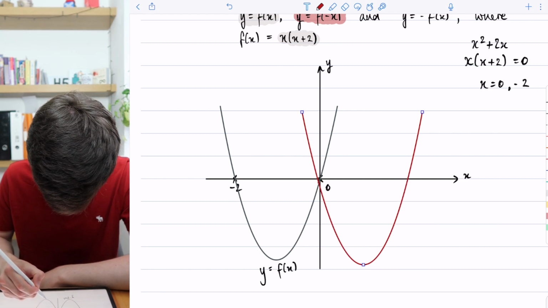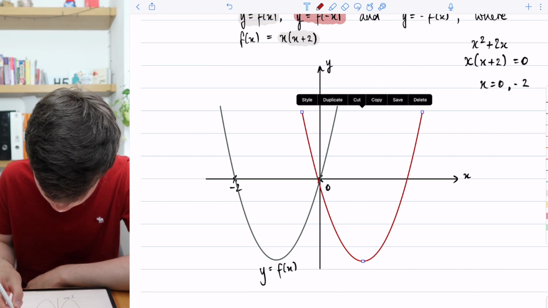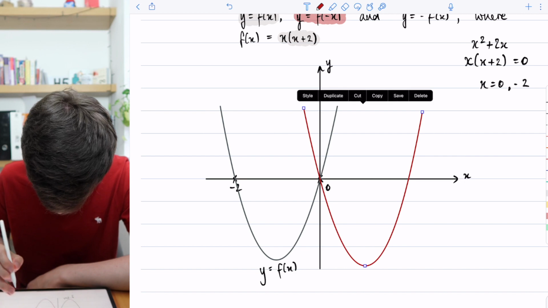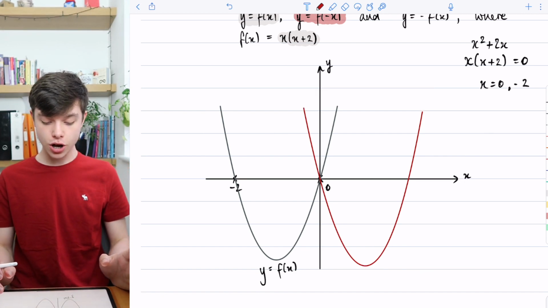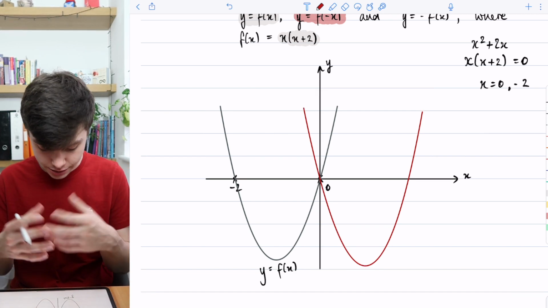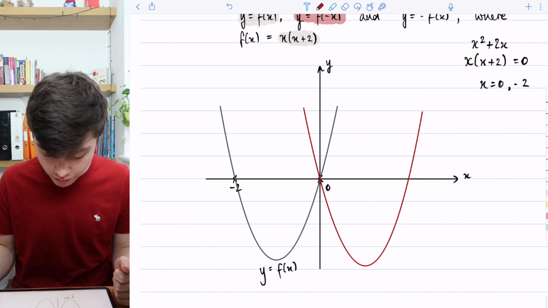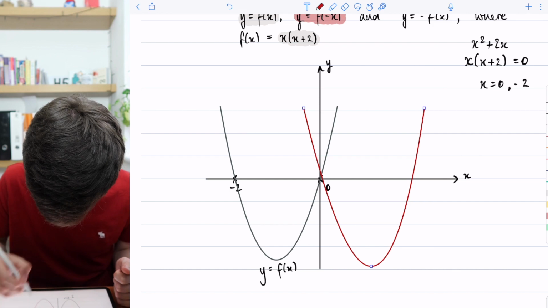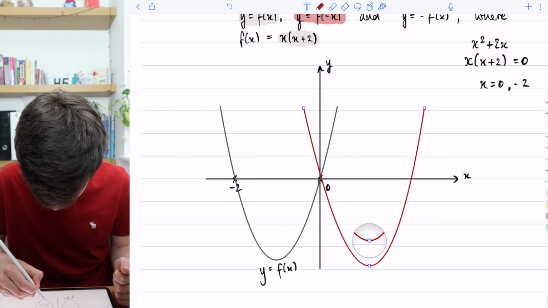I'll try and get it quite similar to the other. It's not going to look perfect, but as long as we get the correct sort of look to the graph. Move that point up a little bit maybe.